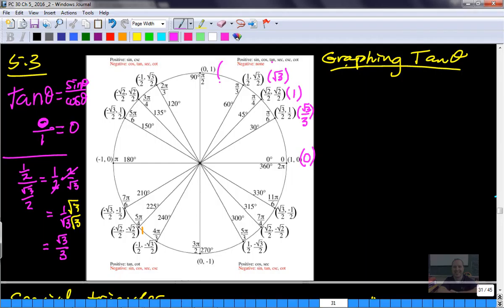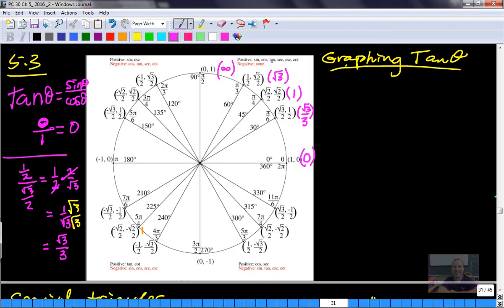It'll say, what are you trying to do to me? I can't calculate that. So it's undefined. Now we could say that the answer is infinity. I've mentioned before that it's undefined, but we're going to say infinity here, and that'll be more clear as we start to graph this.